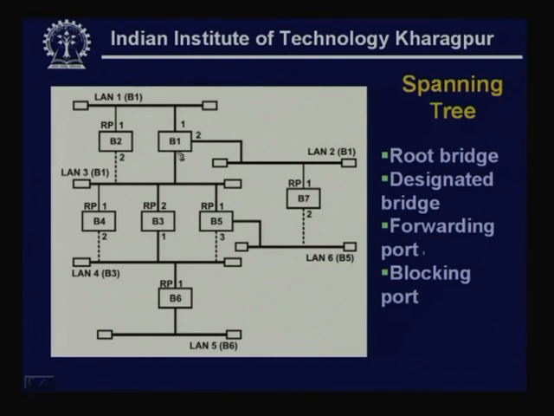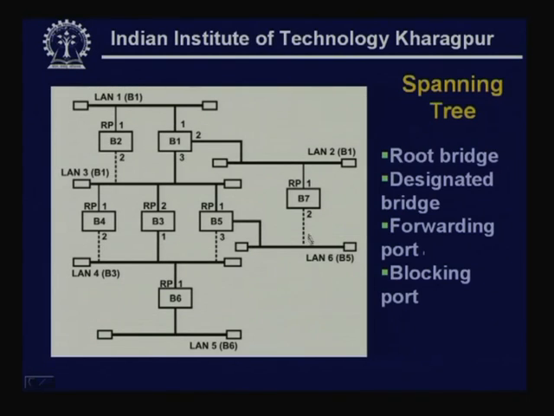On the other hand, for this bridge B1, both the ports are forwarding ports. And if you look at this bridge, this is the forwarding port, and this is the blocking port. So the dotted lines are blocking ports. That means these links are not used for forwarding purposes.